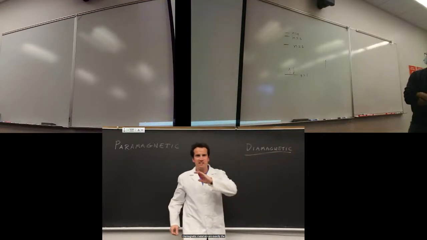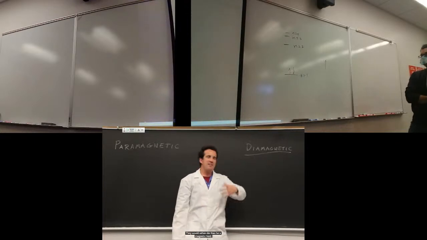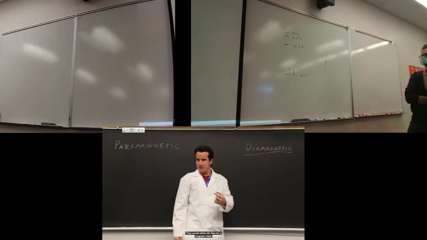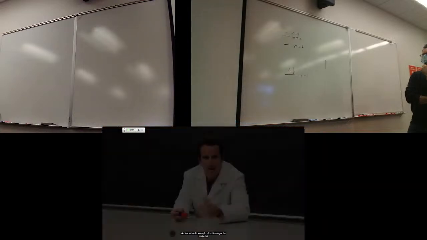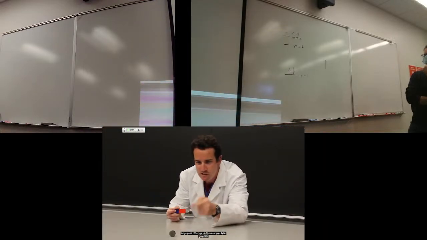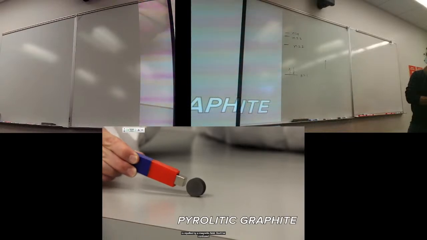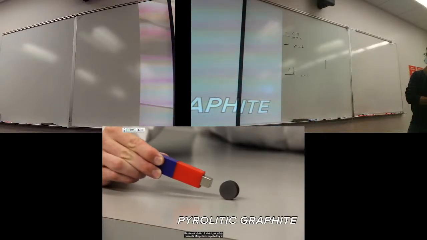Diamagnetic materials are exactly the opposite of paramagnetic. They are always repulsed. They would rather die than be in a magnetic field. An important example of a diamagnetic material is graphite. This specially made pyrolytic graphite is repelled by a magnetic field. Don't be confused. This is not static electricity or eddy currents. Graphite is repelled by a magnet, always, both by the north and south end.